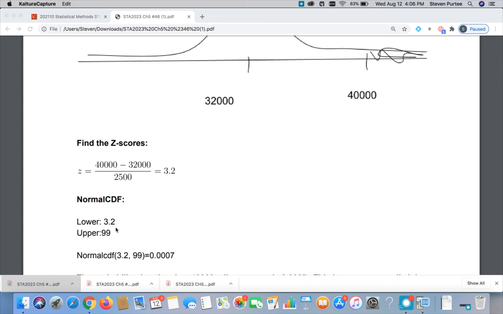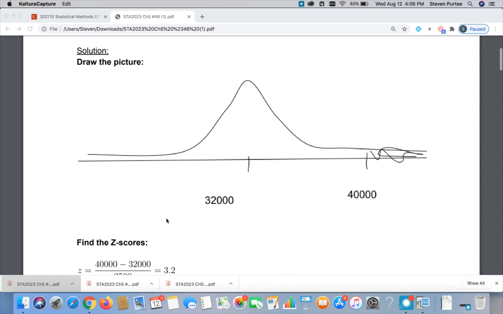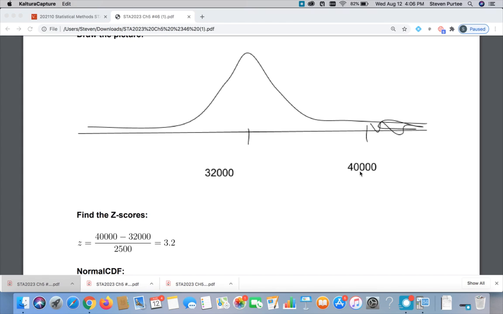And then we do normal CDF. Smallest thing we shaded to largest. The smallest thing we shaded was his z-score, 3.2, and then I shaded all the way to infinity. Remember, up at this end is 99 or infinity, and down here is negative infinity or negative 99.